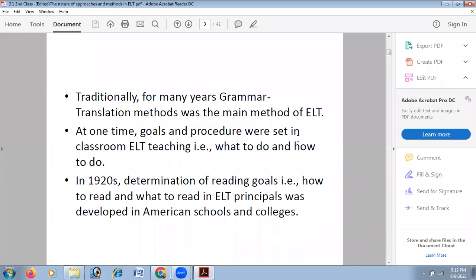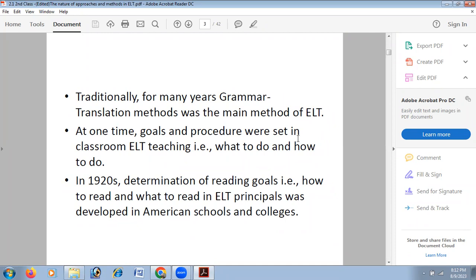Up to the 14th century, 15th century, even 16th century, 17th century, there was a method that was applied to teach English language, that is called the grammar translation method. That means up to the 90s or towards the ending period of the 18th century, we had only one method. That method we know is the grammar translation method.